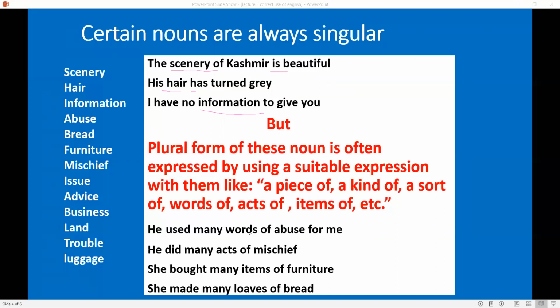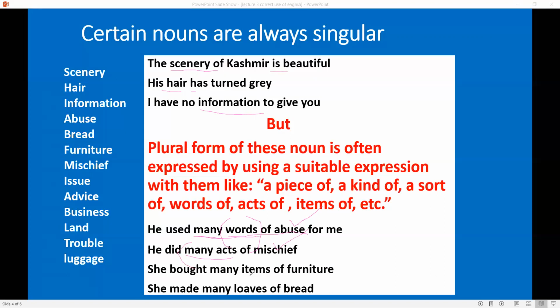He used many words of abuse. Abuse cannot be made plural. So to show plural sense, we use many words of abuse. He did many acts of mischief. Mischief cannot be made plural. So to show plural, we use many acts of mischief.